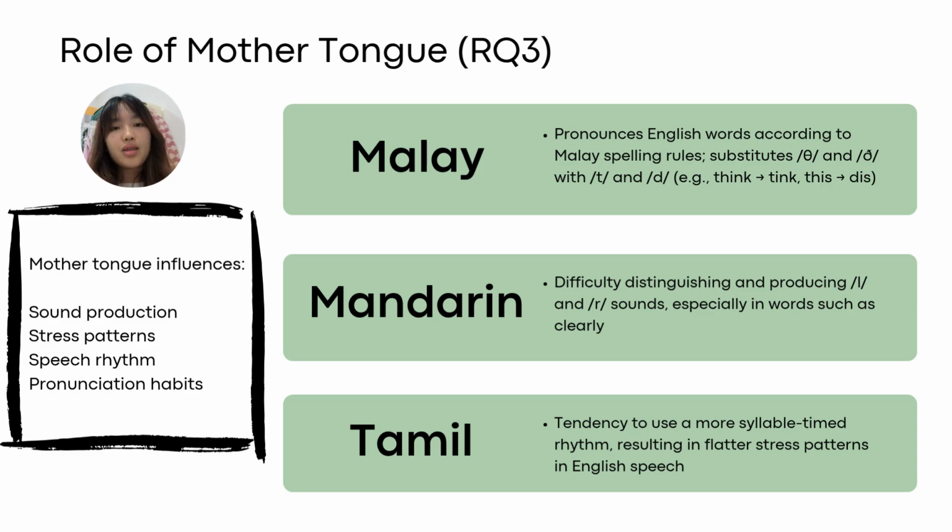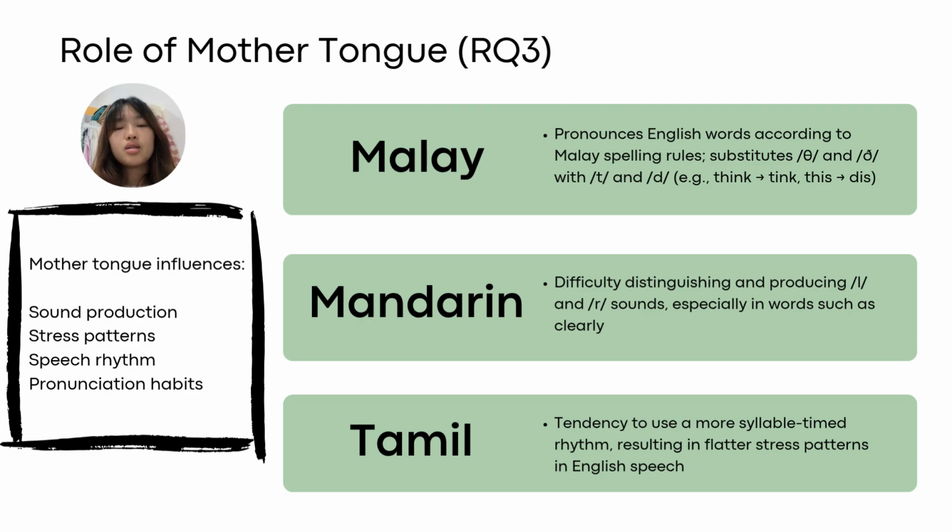For this, our findings show that mother tongue plays an important role in influencing English pronunciation among Malaysian University of Malaya students. First, participant A, whose mother tongue is Malay, reported pronouncing some English words according to Malay pronunciation rules.